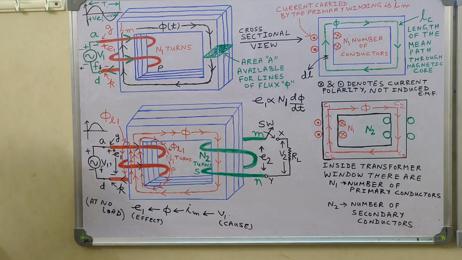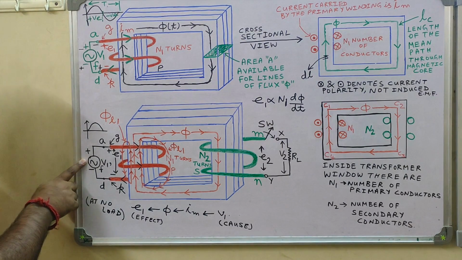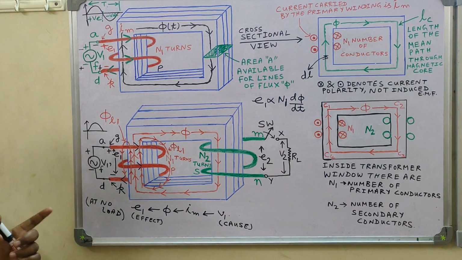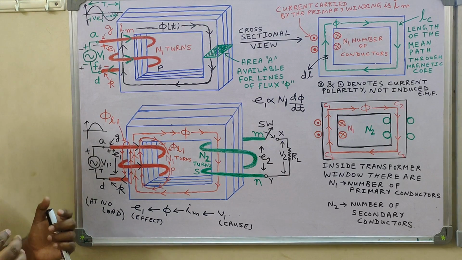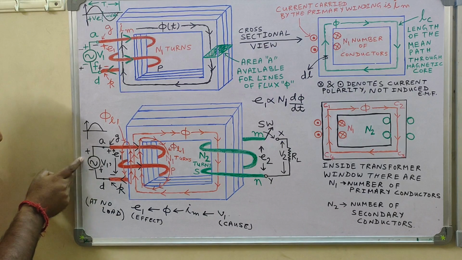As if you can think that there are two batteries, although I should not be using this word because there is no battery connected here. But just to explain, this induced EMF E1 should oppose V1.